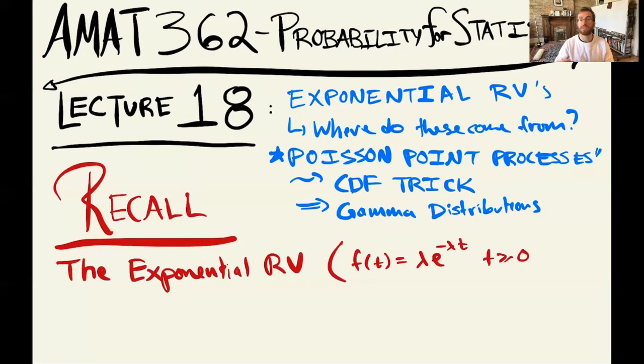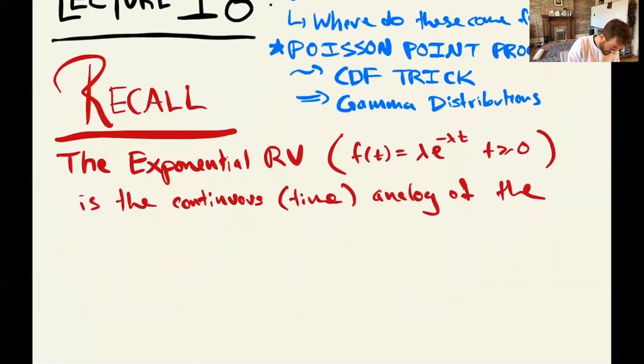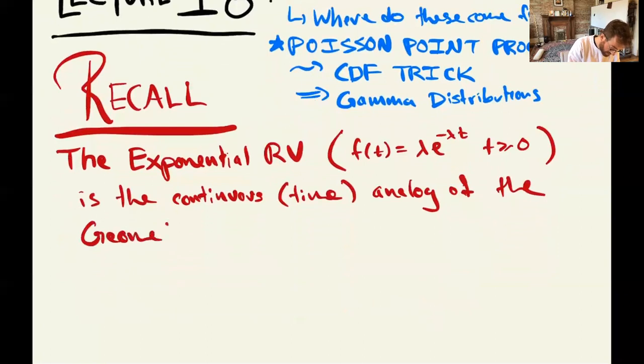Here we're just thinking of a situation where, generally speaking, this models the amount of time that passes, and that's why I'm using t here instead of x. But again, you could use x, it doesn't really matter. It is the continuous time analog of the geometric random variable.